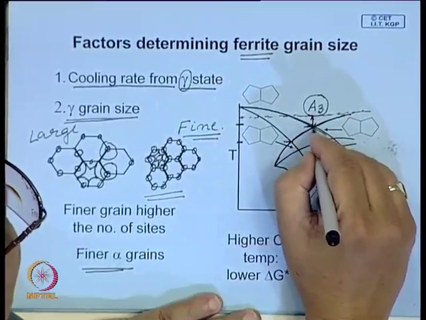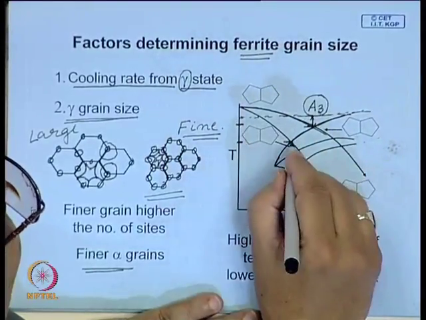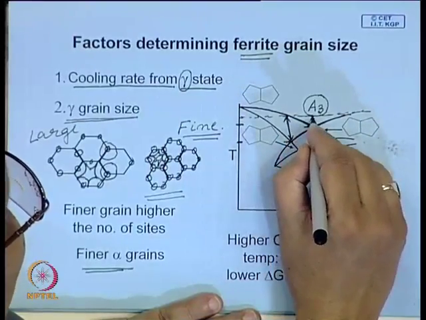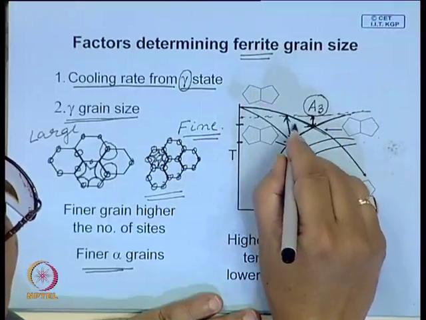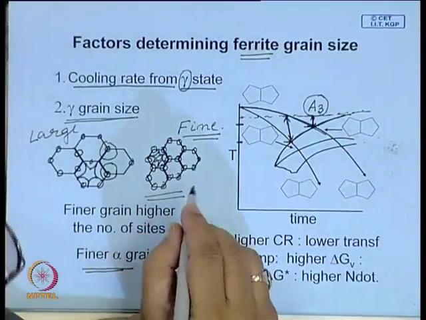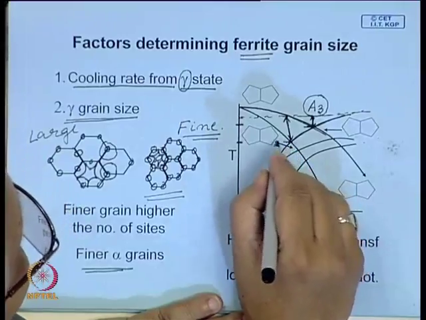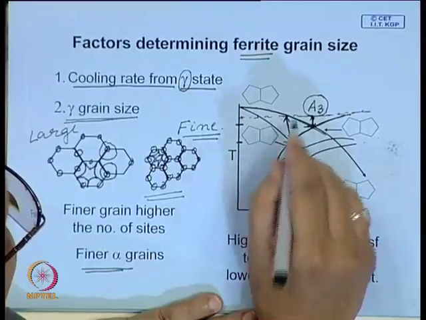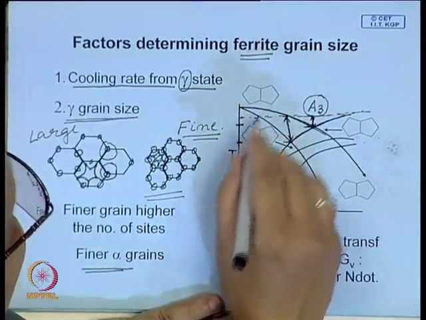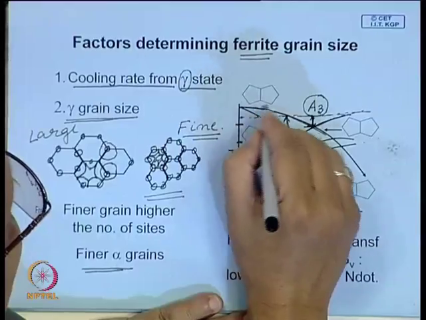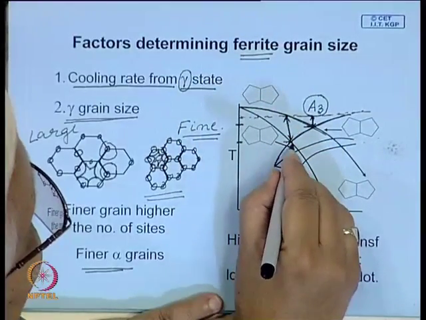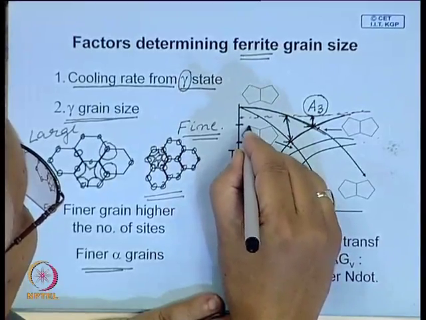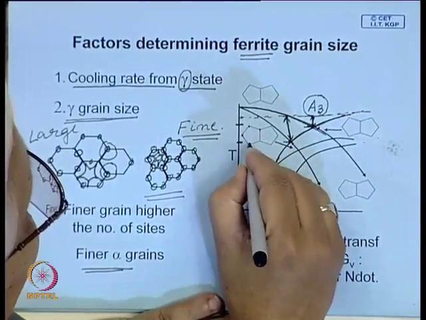This is the undercooling you have over here, whereas here you have this level of undercooling. So, the driving force for nucleation is higher over here. So, what it means is, the higher the driving force, the finer will be the nucleation sites and faster will be the nucleation rate. So, you can imagine, in these two cases this is the original austenite grains, and here when this has just started, you may think that you have very fine grains which have nucleated.